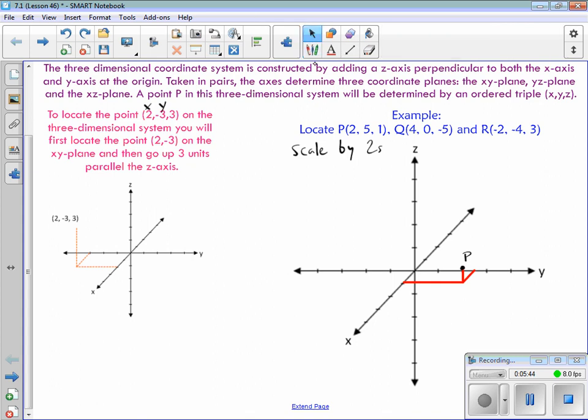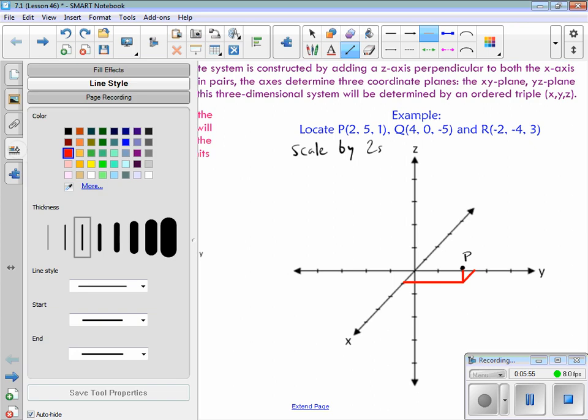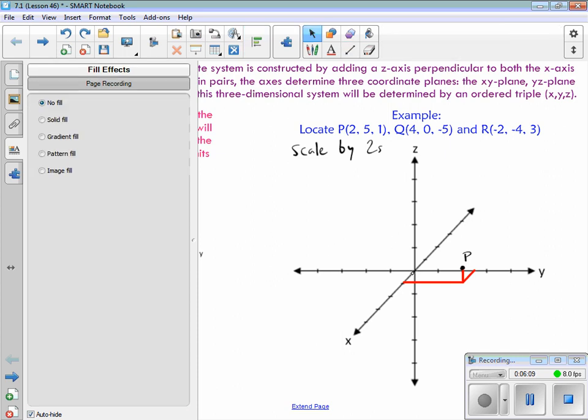So questions on that? Okay, so let's try Q. So Q, we're going to do the same idea here. I'm just going to switch it to a different color. I suppose I could make it dotted here. Okay, so for Q, we are going out 4, so towards us 4.